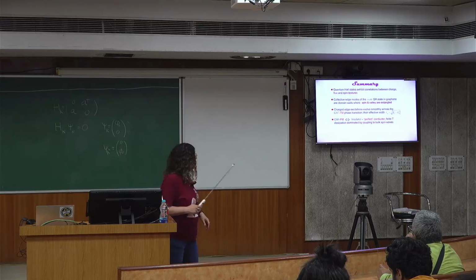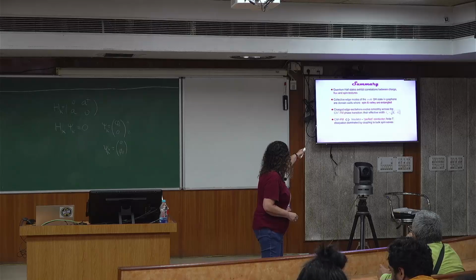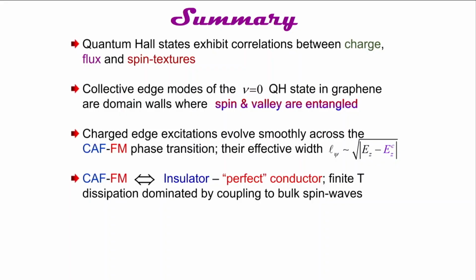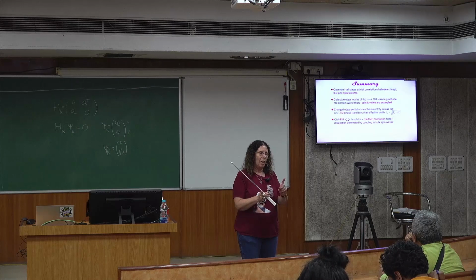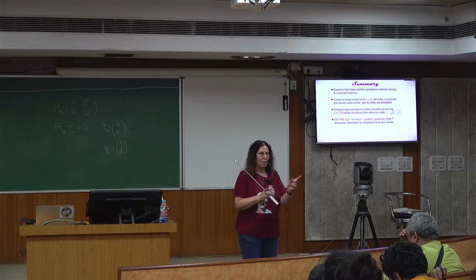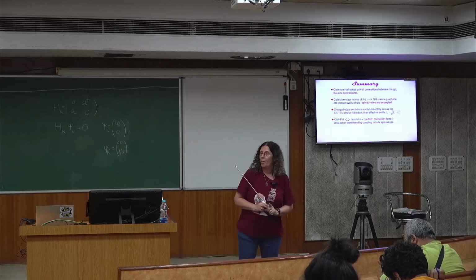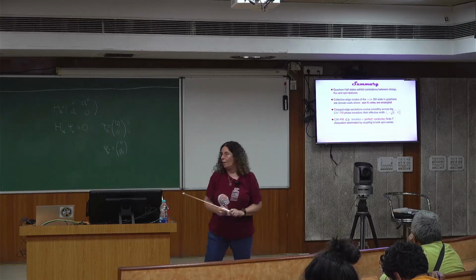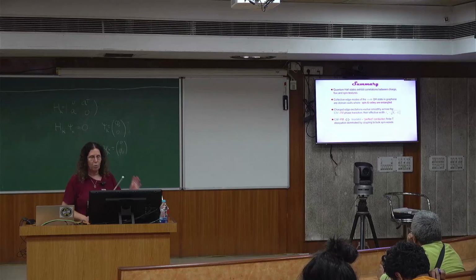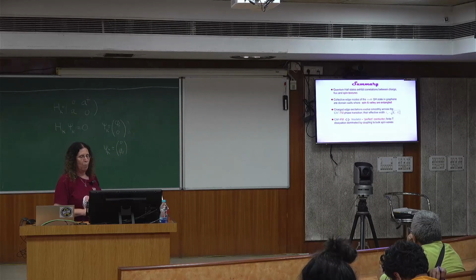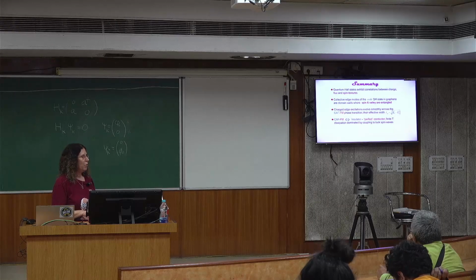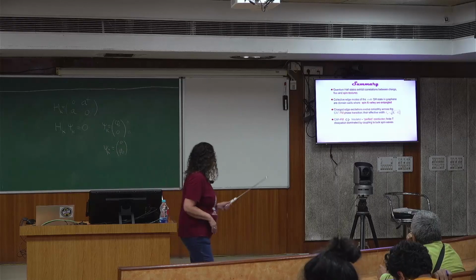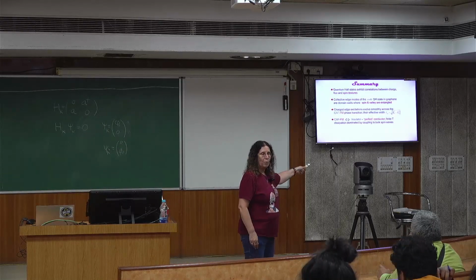This is something I didn't have time to elaborate, but in fact they are like spin waves, but they're also spin and valley entangled, because the states have the sublattice and the valley are the same, and the spin and the sublattice are coming together in the antiferromagnet. So I didn't have time to get into this, but there are collective modes that carry both spin and charge, but their nature differs between the canted antiferromagnet and ferromagnetic case.